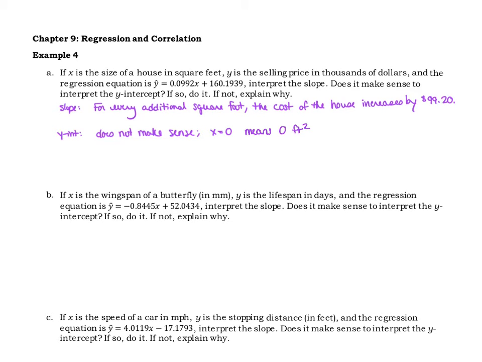All right, moving on to B. If X is the wingspan of a butterfly in millimeters and Y is the lifespan of the butterfly in days, then we have the regression equation that's given. Interpret the slope. Again, for every additional millimeter in wingspan, what happens?